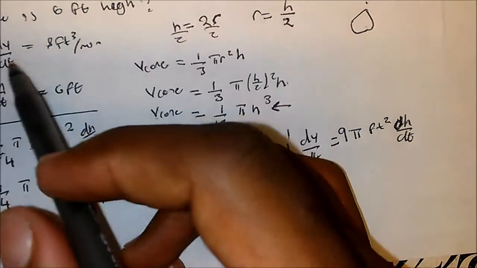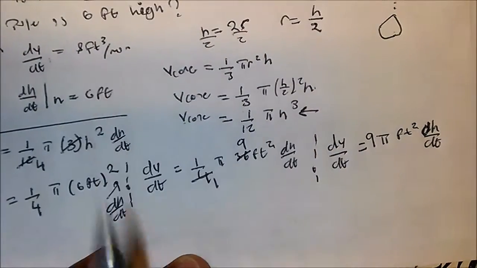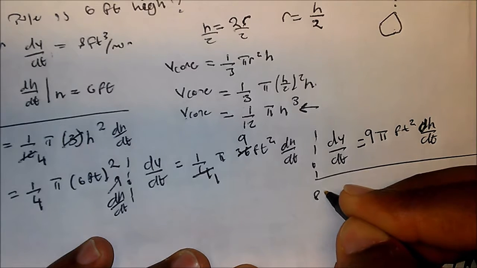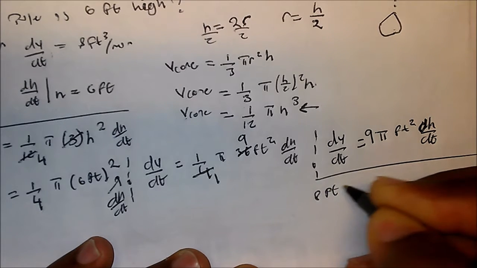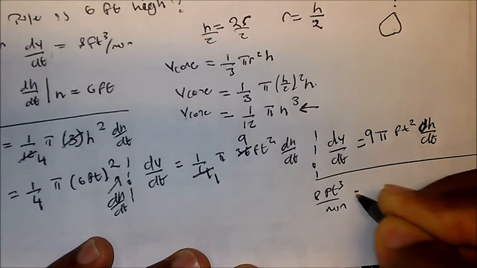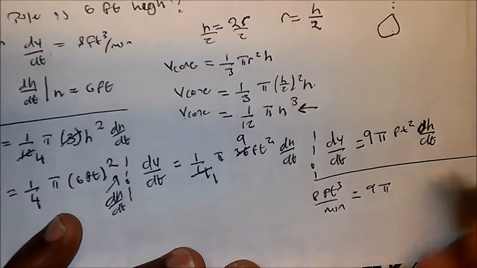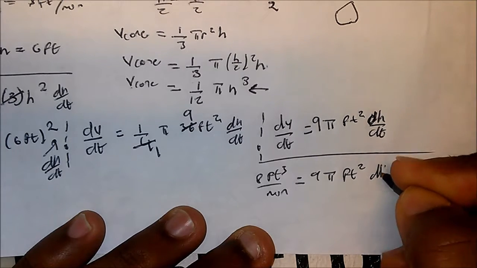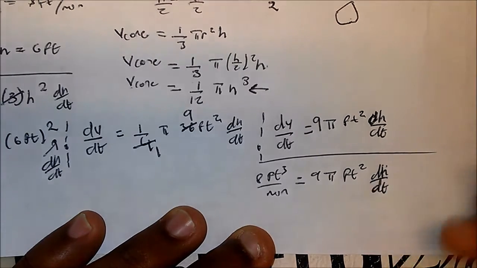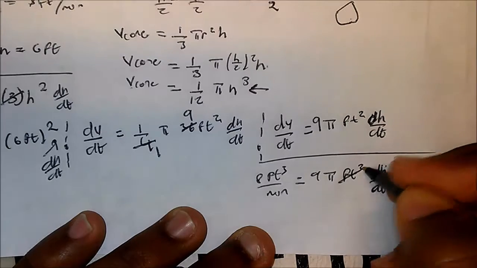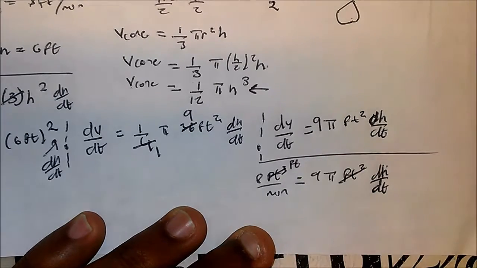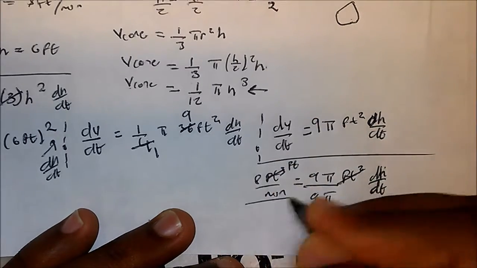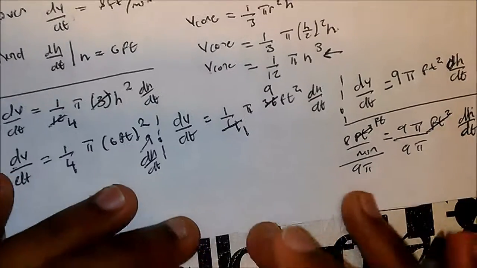Now I can plug in my dV/dt, which was given as 8 cubic feet per minute. So 8 cubic feet per minute equals 9 pi feet squared times dh/dt. Again, these feet will cancel and I will have 1 foot over here. I can just divide by 9 pi on both sides.